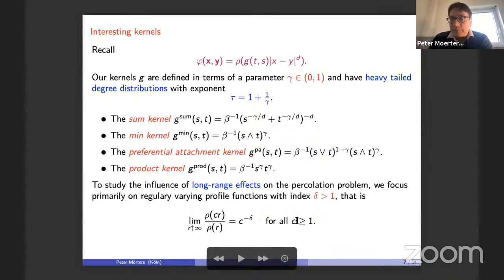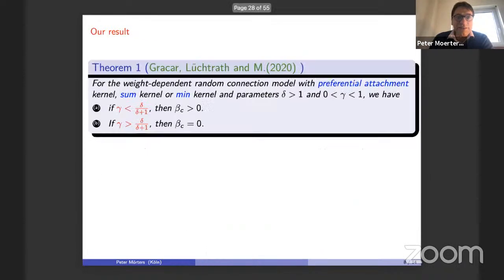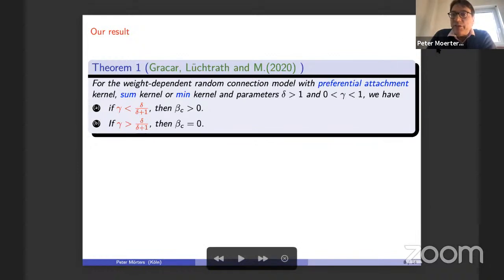Okay, and now comes the main result, which is our first theorem obtained last year. So we look at this weight-dependent random connection model with either of the kernels that we're interested in, either preferential attachment kernel, sum kernel, or min kernel.